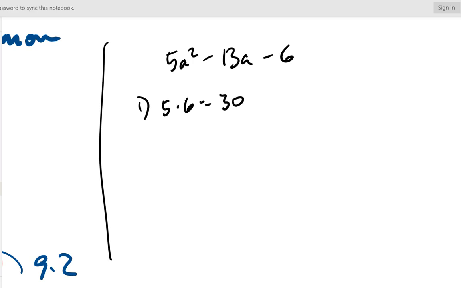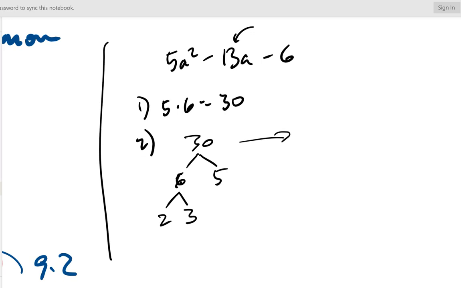Then you break 30 up into two terms that add up to the middle term, that 13. Here's 30, that's 6 times 5. 6 plus 5 is 11, and 6 minus 5 is 1. That doesn't give me 13, so I break up the 6 into 2 times 3. We can pair up the 5 and 3 to give me 15 times 2. That gives me 30, and it adds up to 13 also.